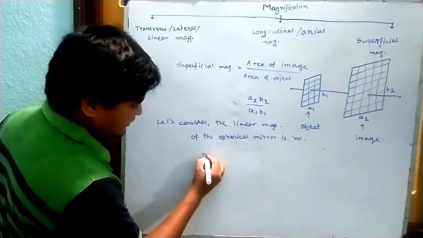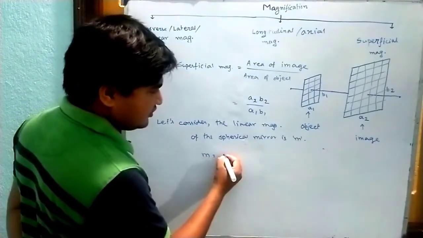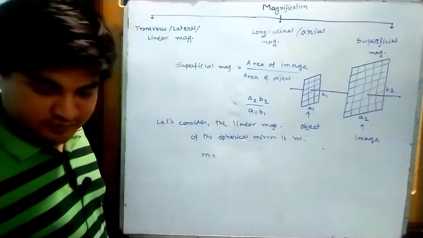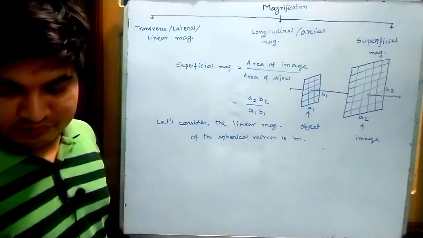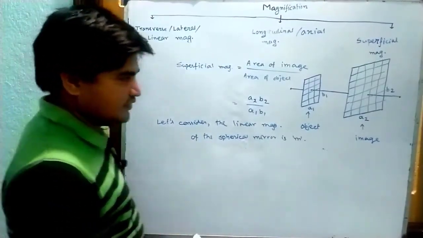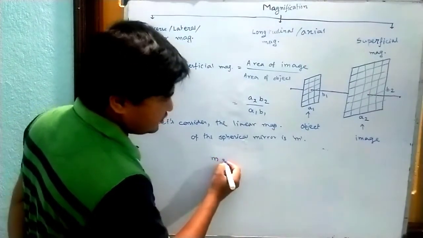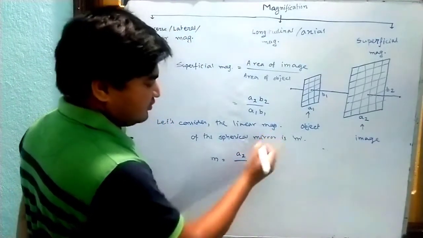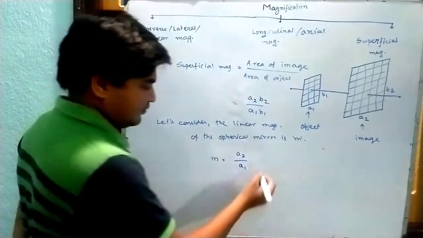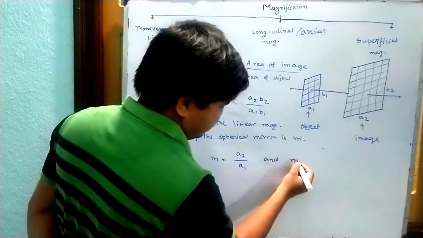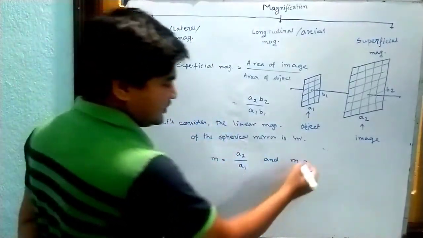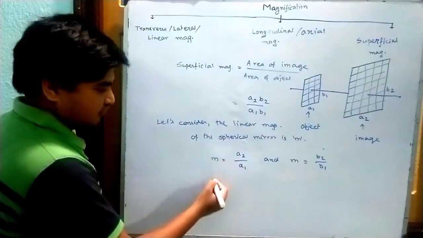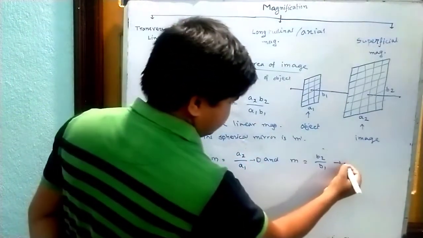So we can write linear magnification M equals length of the image by length of the object, that is a2 by a1, and again M equals, we also can write, the breadth of the image by breadth of the object, b2 by b1. Now this is equation number 1, this is equation number 2.